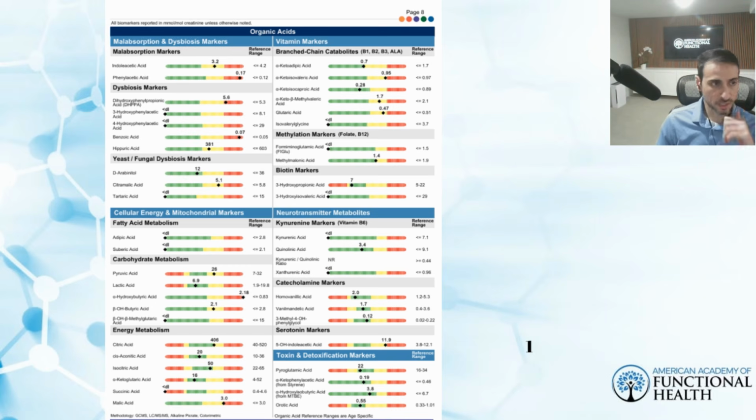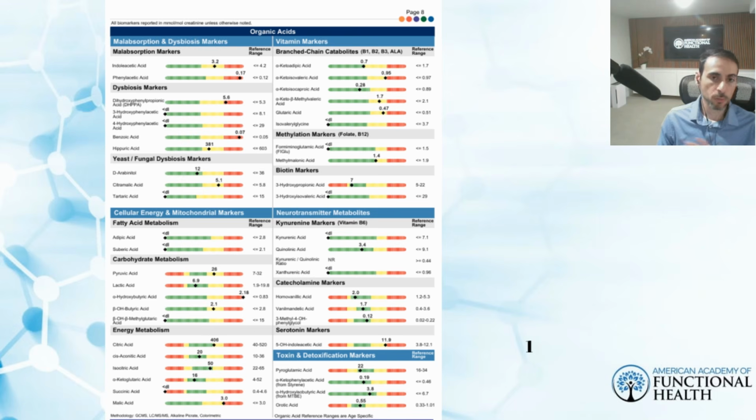So let's take a look at these. We can see here this is the kind of breakdown. On the top left, I know there's a lot of data here, but we're going to try and break it down. The top left you can see malabsorption and dysbiosis. This is going to be mostly focused on the gut. When we look at the gut, there are multiple different biomarkers here, but one of those that is marked off is the DHPPA.